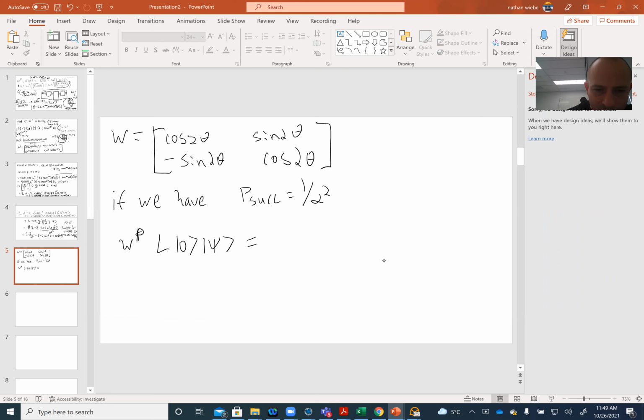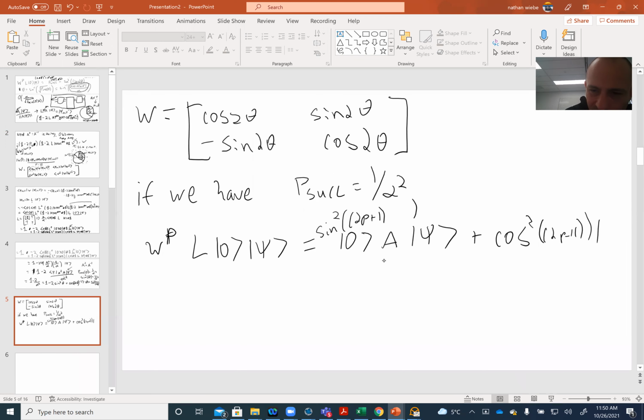It will be equal to 0 A psi sine of (2p plus 1) theta plus cosine of (2p plus 1) theta times some orthogonal state psi perpendicular.